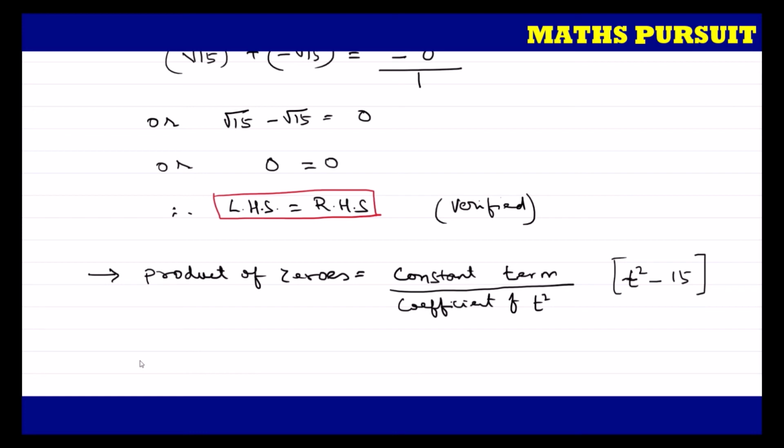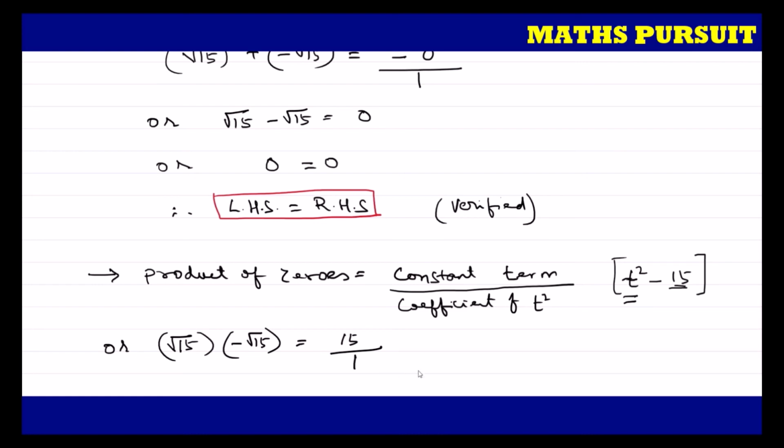So product of zeros, we got one value of t as root 15 and the other value of t as minus root 15. So root 15 into minus root 15 is equal to constant term upon coefficient of t square. Coefficient of t to the power 2 is 1, upon 1.